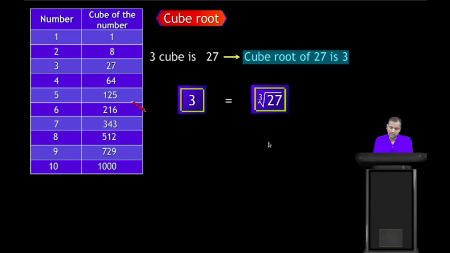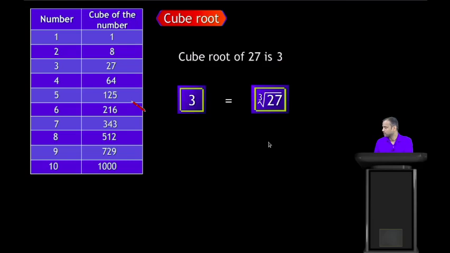In the square root sign there is no number, but in the cube root we write 3 on the upper side. So put this sign and write 3 on the upper side, and it is called the cube root of 27. So we write, the cube root of 27 is 3.